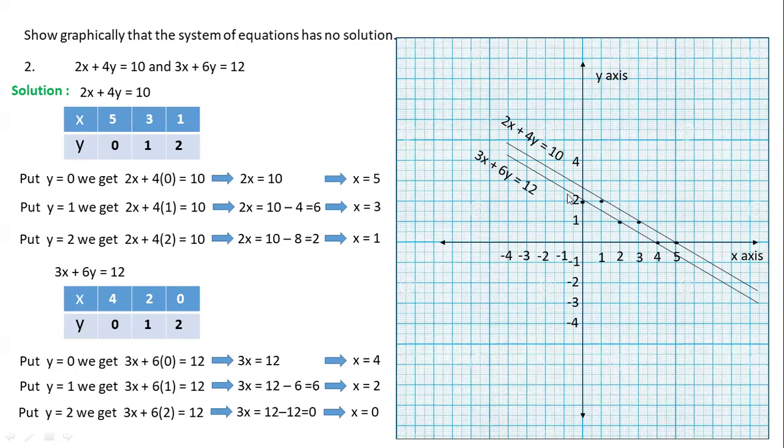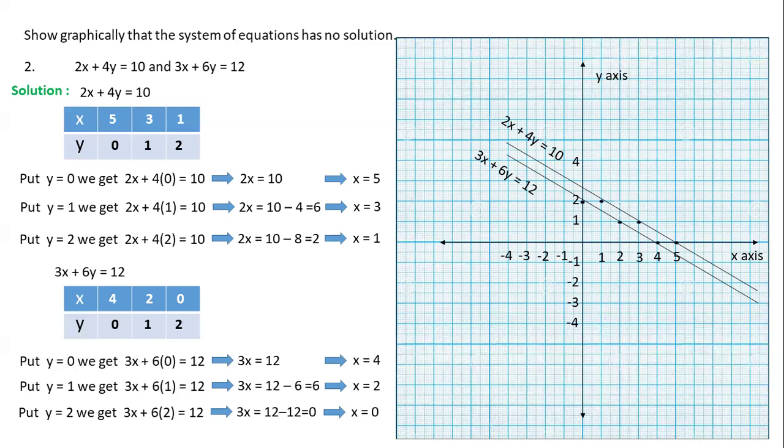Now if you see, these two lines are parallel. Because these two lines are parallel, the system has no solution. Actually, the first case was intersecting lines, a unique solution. This is the case where the graphs of the two equations are parallel to each other.